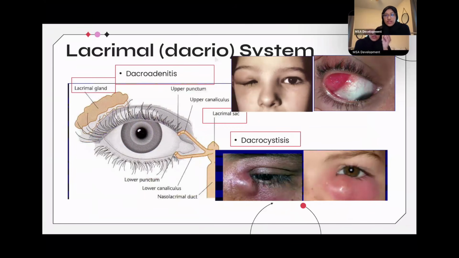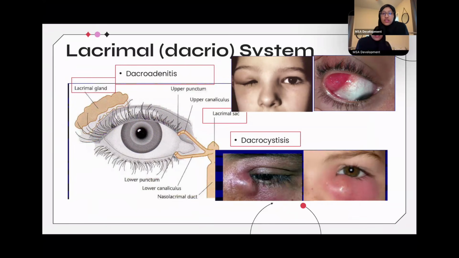Let's talk about the tear gland itself. If you look at the eye, we talked about upper eyelid, lower eyelid. This is the lacrimal gland that sits on top of your eye like that. It produces tears. When you blink, it goes to that side. That's why when someone is crying or tearing up, all of the eye is wet, right?